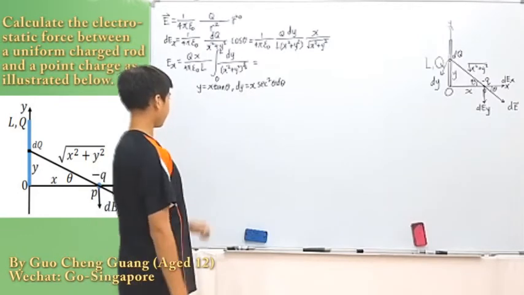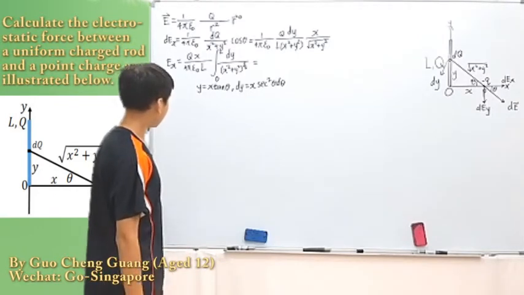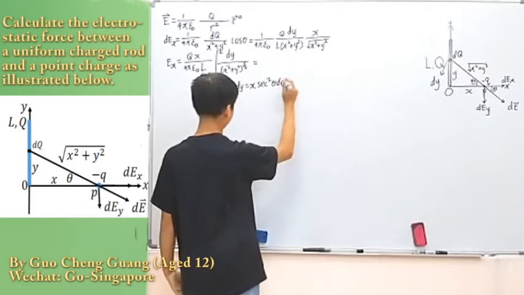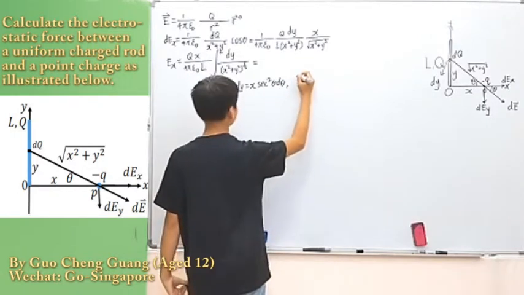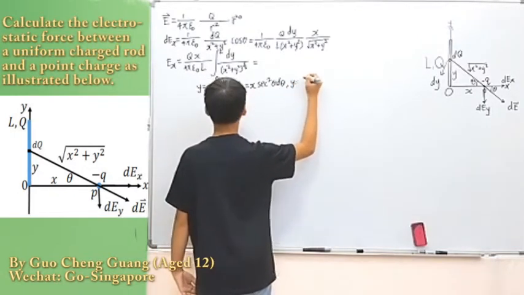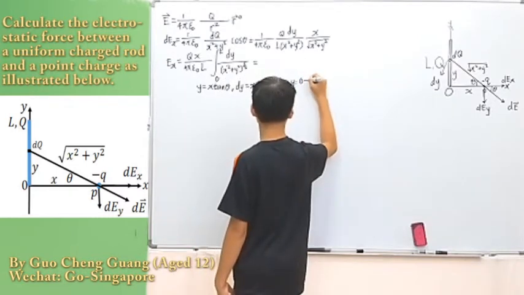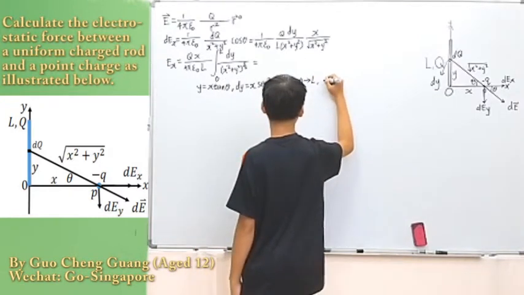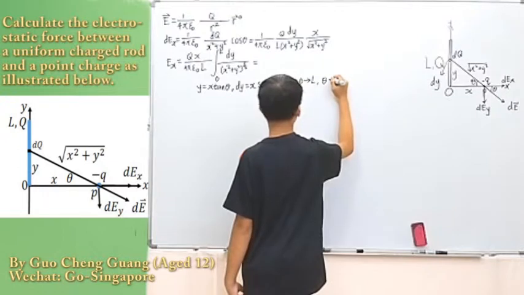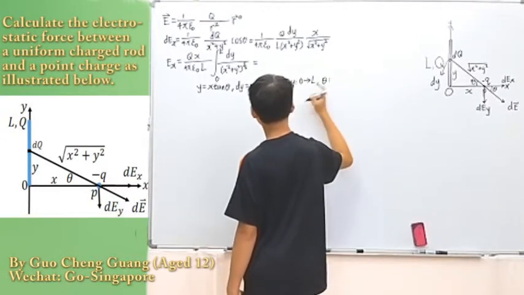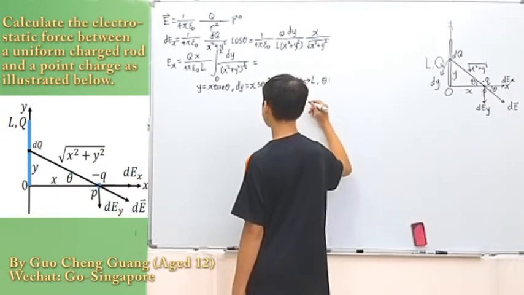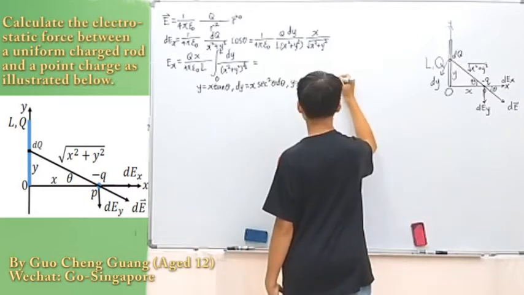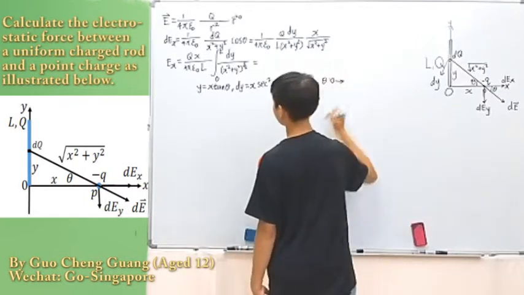So at this point I have dy equal to this part. Since the range for y is 0 all the way to L, theta, when y is 0, the whole thing is 0, and we need 0 to what?